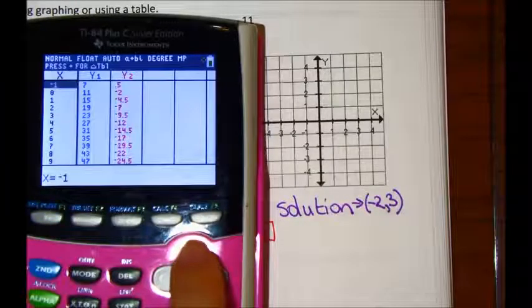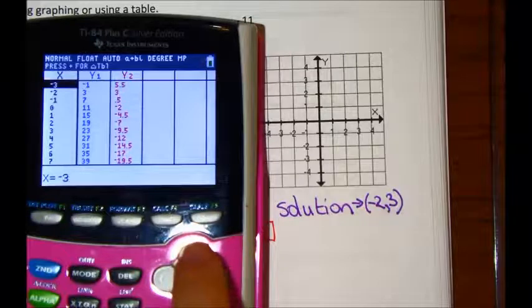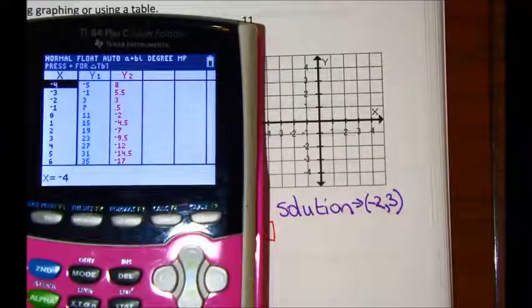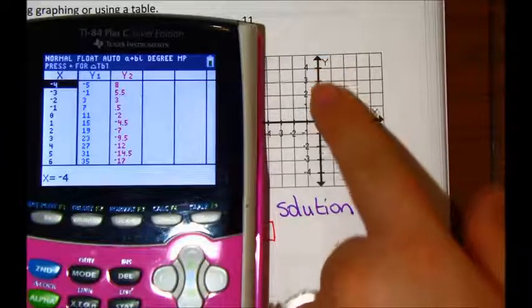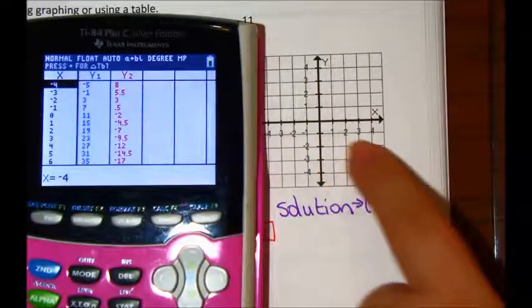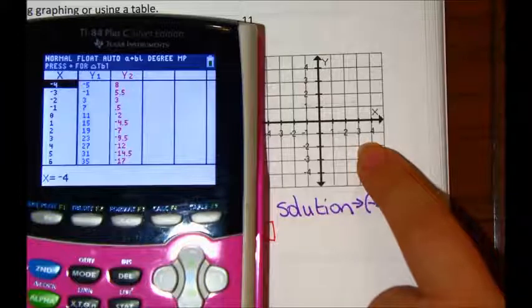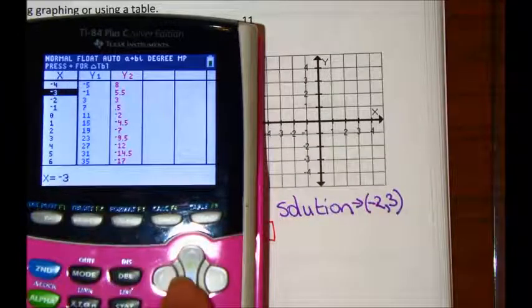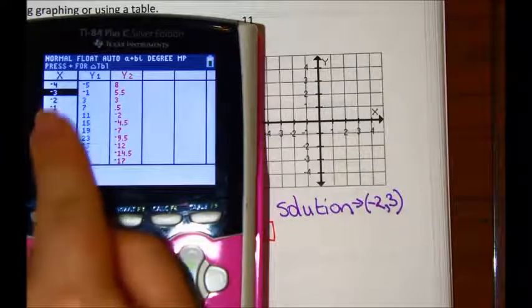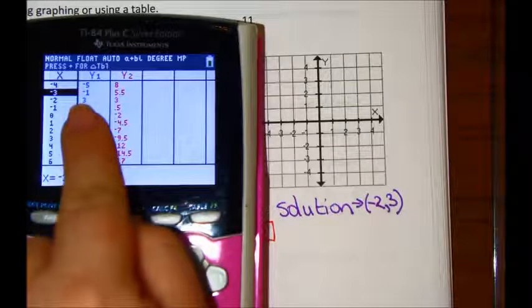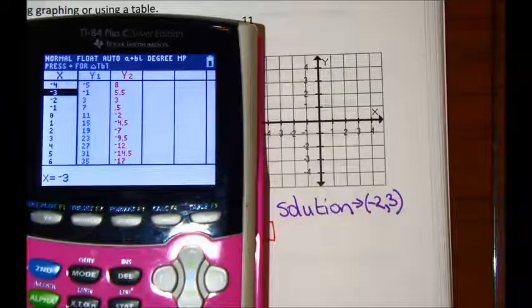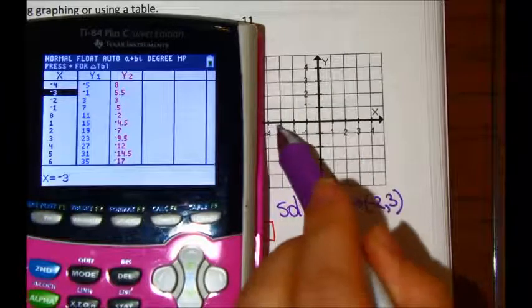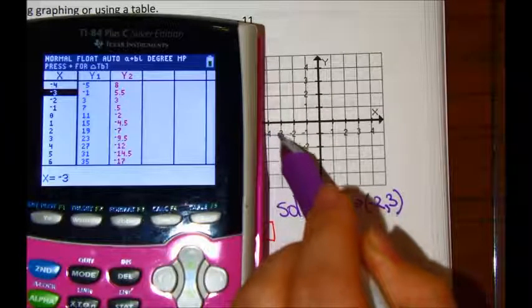Using your arrow keys, you can scroll until you find numbers that are actually on your graph. I don't have the option to change my scale since they have already put numbers in there for me. But I can see when I go to -3, my y is on my graph at -1. -3, -1.